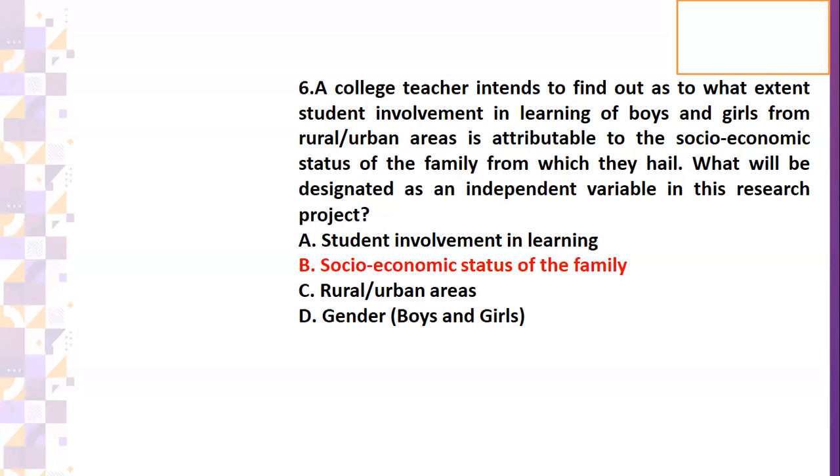Okay. So definitely the attributes will be depending on what? The socio-economic status. So as the status changes, the involvement in learning will differ, so that is the dependent variable, which can be changed depending upon the independent variable.